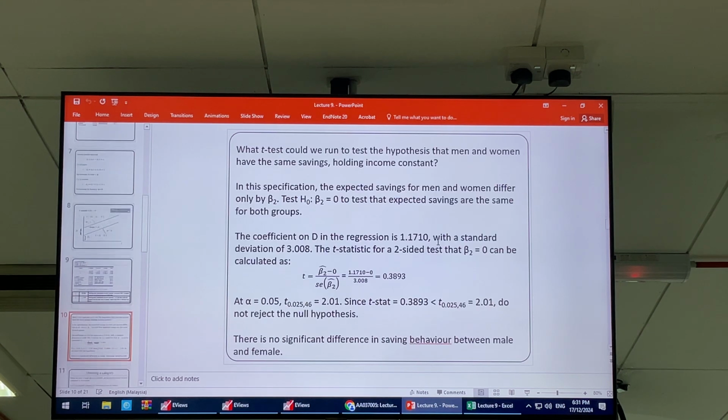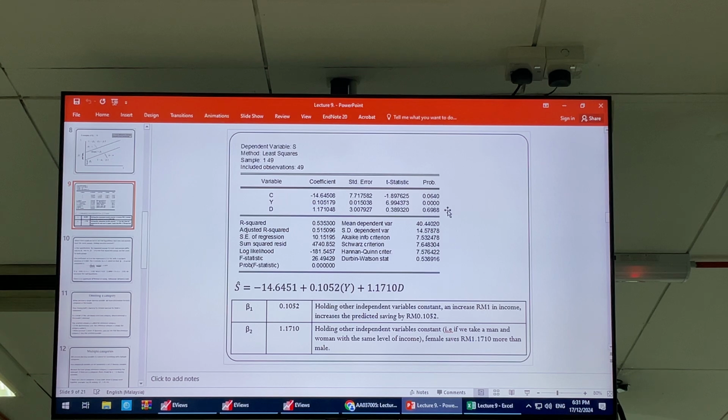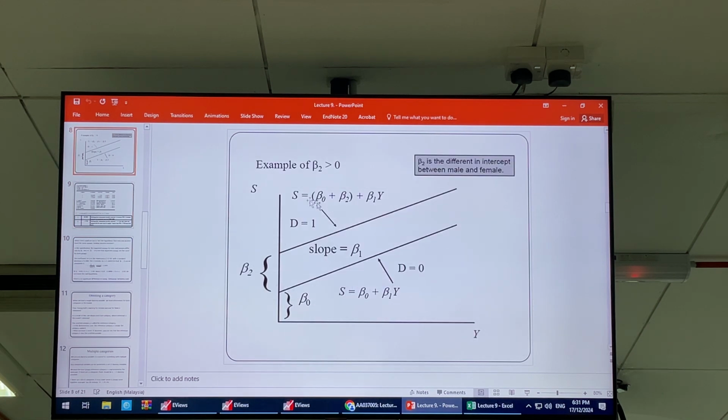Instead of comparing the test statistic to the critical value from the table, you can just conclude based on the p-value. Since 0.69 is greater than the significance level, we do not reject. So we conclude that the true coefficient beta 2 equals 0, meaning there is no significant difference between saving for male and female.